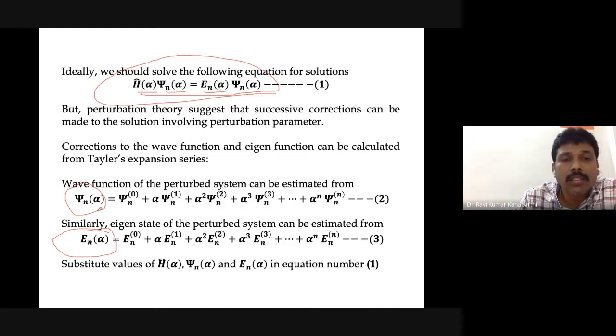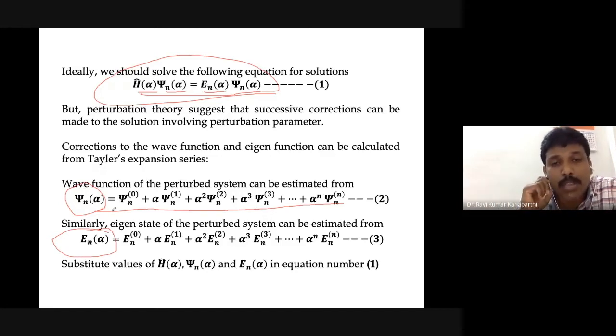The wave function of the perturbed system, which is a function of the perturbation, may be expressed as psi n of 0 plus alpha times psi n of 1, plus alpha square times psi n of 2, plus alpha cube times psi n of 3, and so on. The series actually continues.